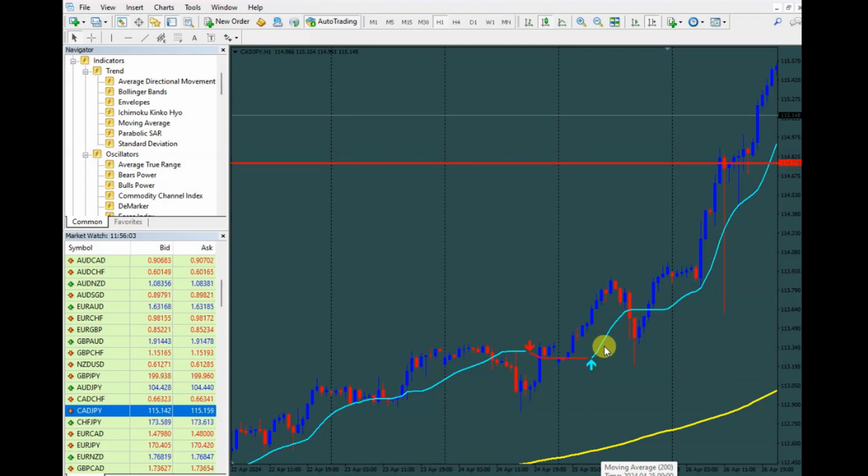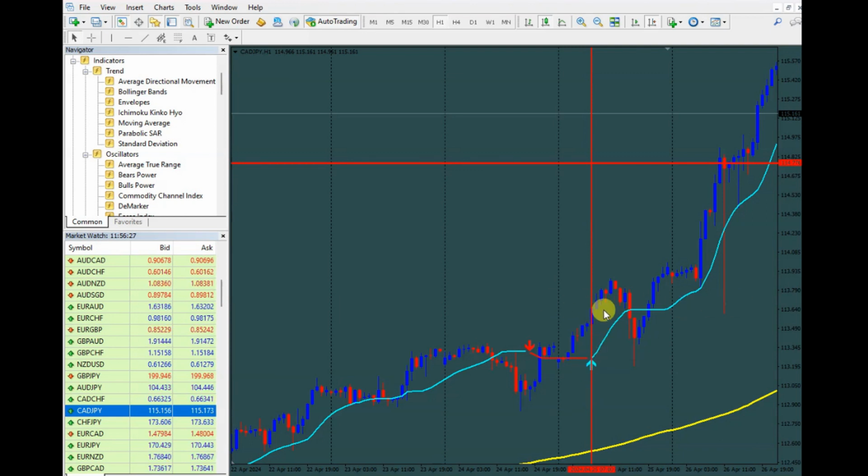As you can see, the trend persists, and again we get another signal giving us a buy trade. So remember, our main trade's take profit is not yet reached, but we get another signal.